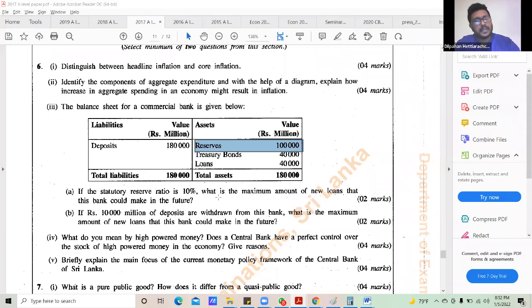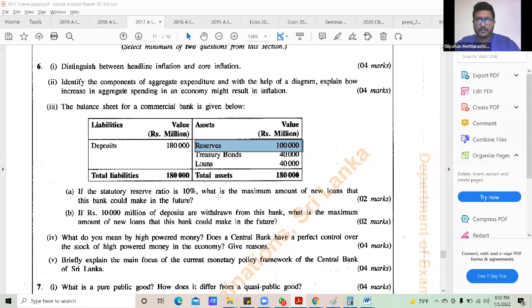What's B? If 10,000 million of deposits are withdrawn from this bank, what is the maximum amount of new loans that this bank could make in future? So once again, they ask the same question, but they are giving another scenario. So we have to do that adjustment and do the calculation once again, right?